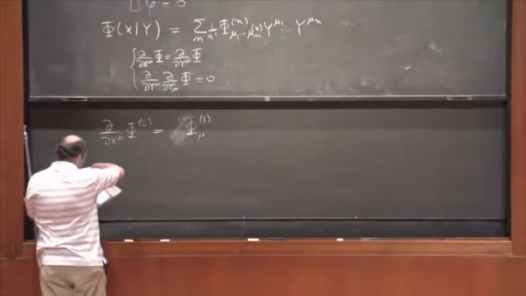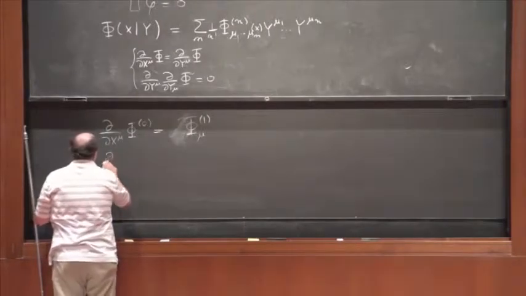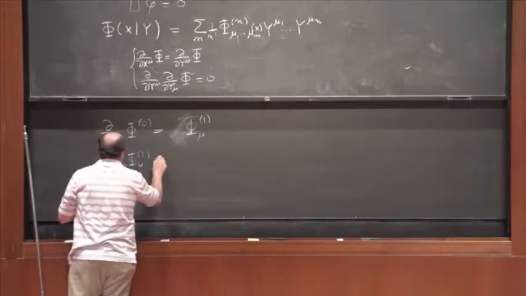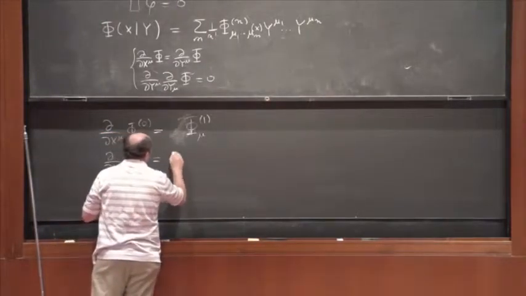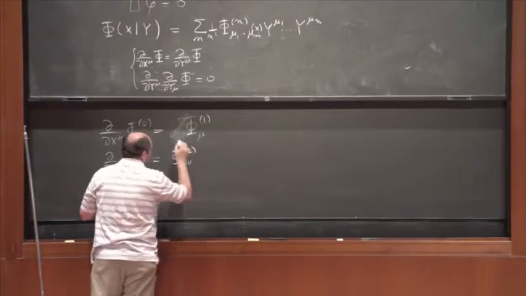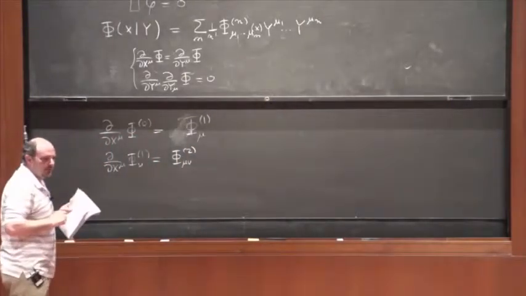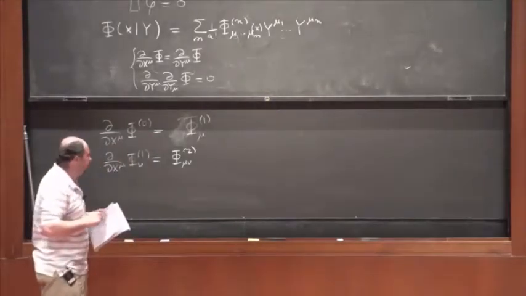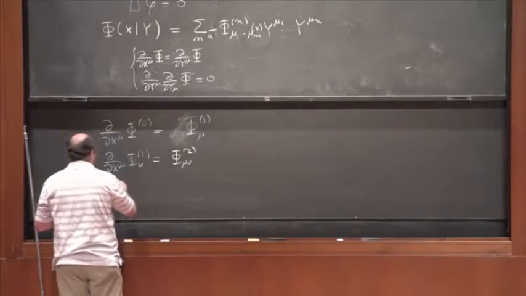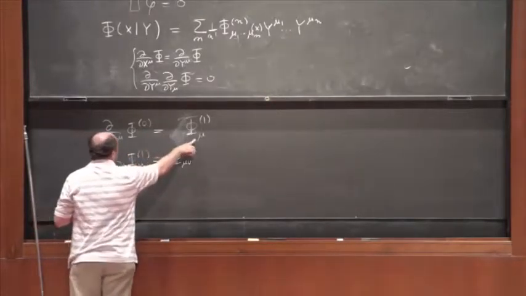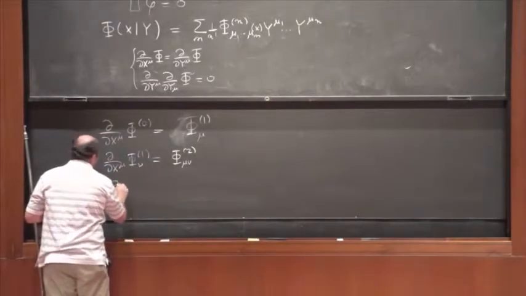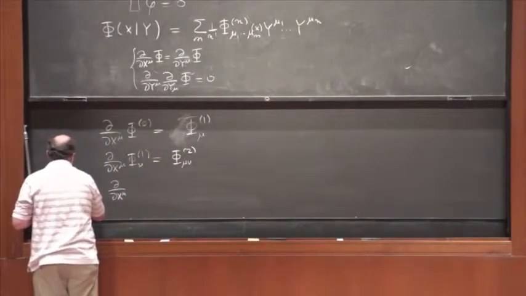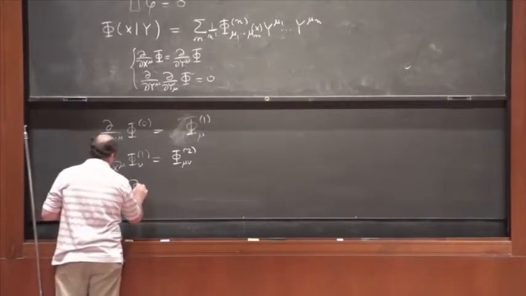That's the first equation. And if you go on to the next level, you get this must be equal to this. Now, if you use the constraint that these phi's are traceless, take the trace here, and here you use that phi mu is d/dx mu of phi 0. Take the trace of the second equation, and you get this.